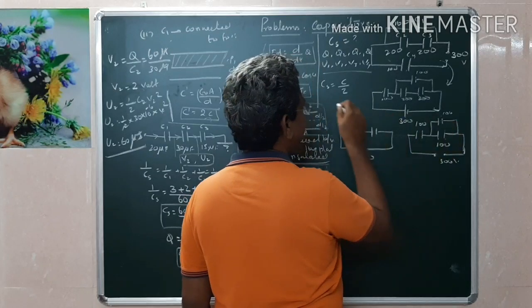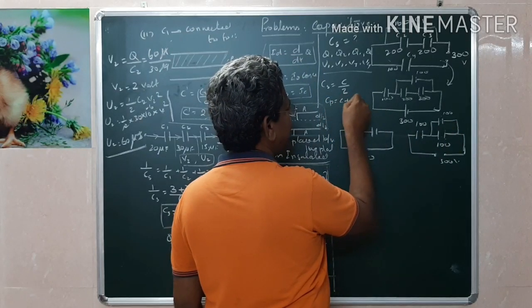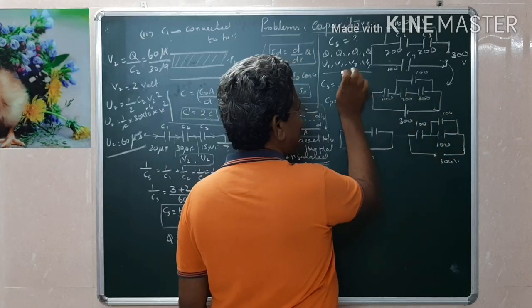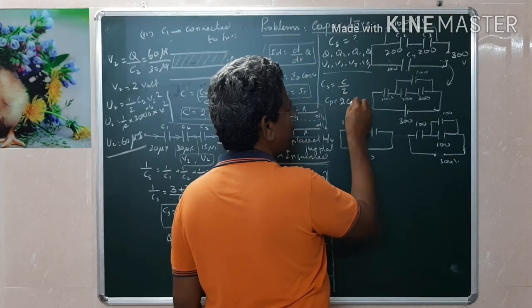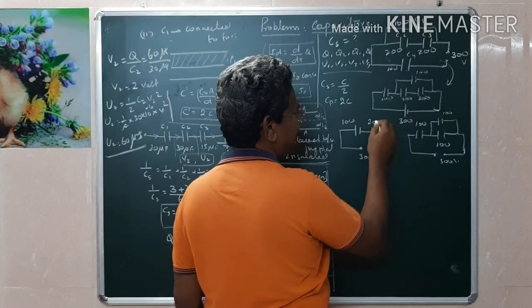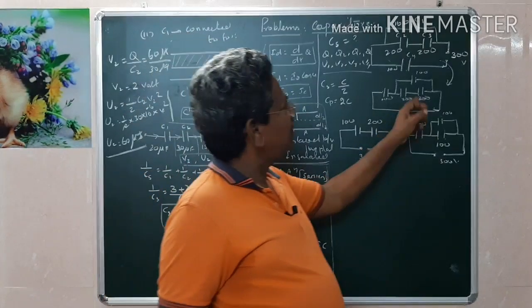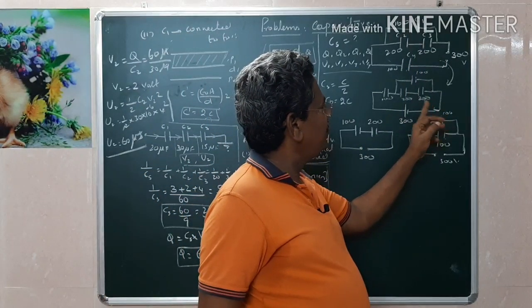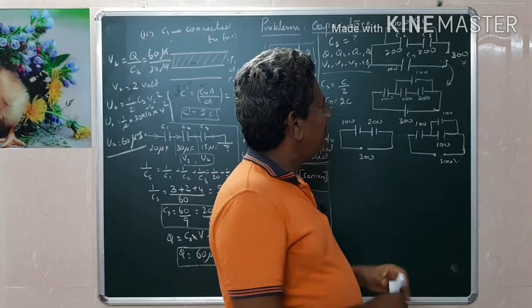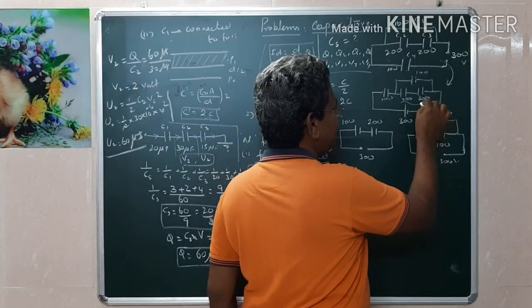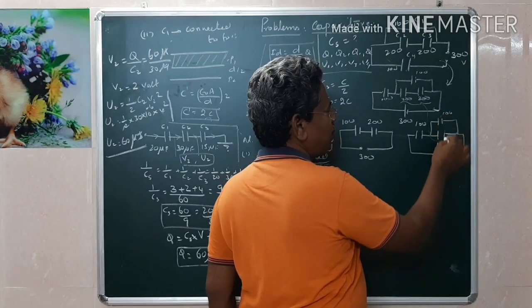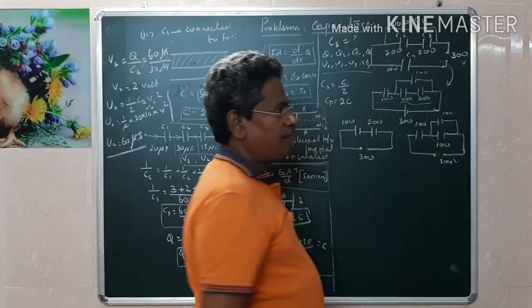Parallel means it is addition, Cp means C plus C. Both are equal, therefore for equal capacitors it is 2C. Therefore, this will become 200. So this is the simplified form. These two equal in series becomes half. When these two equal are in parallel, it becomes double.